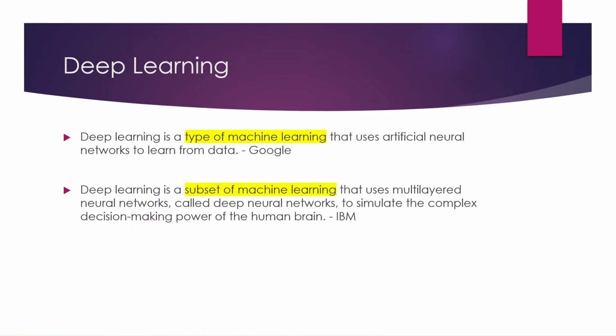And these computers now have digital neurons with the help of deep learning. In fact, the deep in deep learning refers to lots of these layers of digital neurons. Hence, you can see in the definition, it uses the term multi-layered neural networks. That is why it is called deep neural networks. And the advances in the deep learning space have allowed the systems or computers to learn complex patterns all by themselves over a period of time.